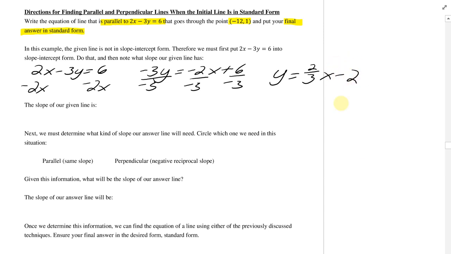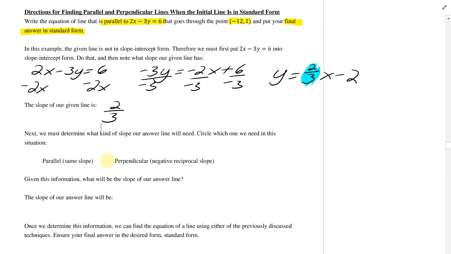Okay, so notice that I just had to do a whole bunch of work to figure this out, but there's only one piece of information that I really need to know here. I just need to know what is the slope of our given line. So the slope of our given line, we want to just note that to ourselves. The slope is 2/3. And now we must determine what kind of slope the actual answer needs. So, rereading the problem, do we need a parallel line or do we need a perpendicular line?